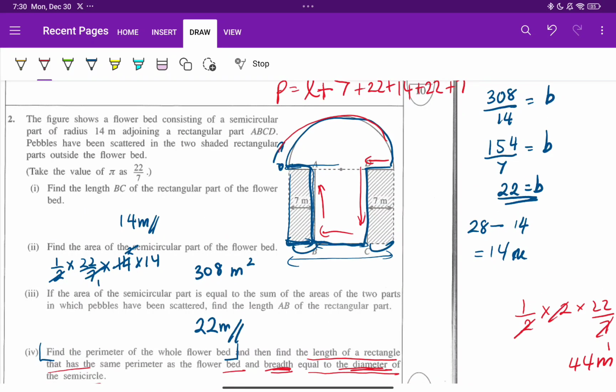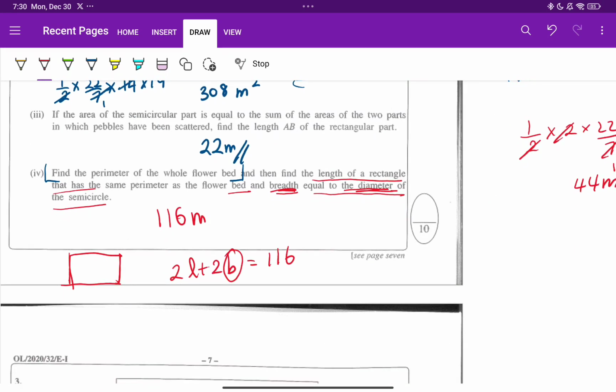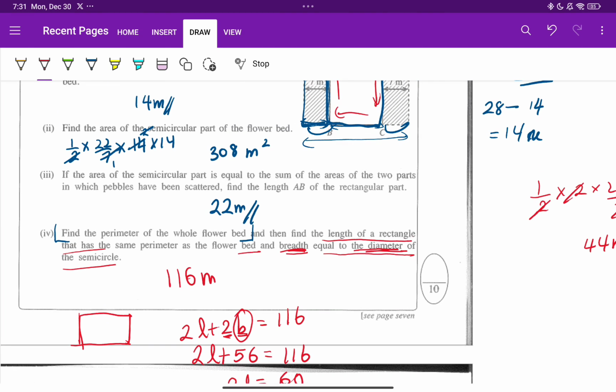The diameter of the semicircle is 28. So instead of B we can substitute 28. So 2L plus 2 times 28. 2 times 28 is 56. It's 116. So 2L is equal to 116 minus 56, that is 60. Then the length of the rectangle should be 30 meters. That should be the length of the rectangle.